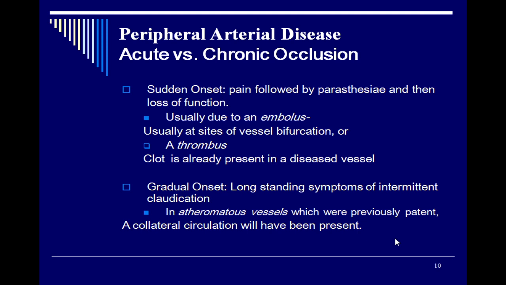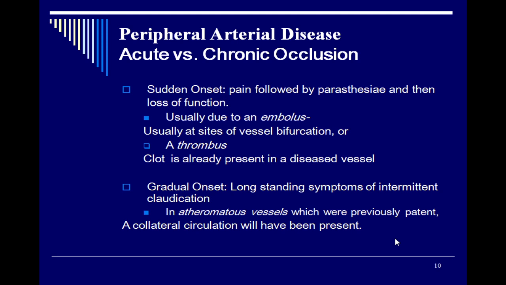Peripheral arterial disease, acute and chronic occlusion. Acute: sudden onset of pain followed by paresthesia and then loss of function, usually due to an embolus, usually at the site of vessel bifurcation.